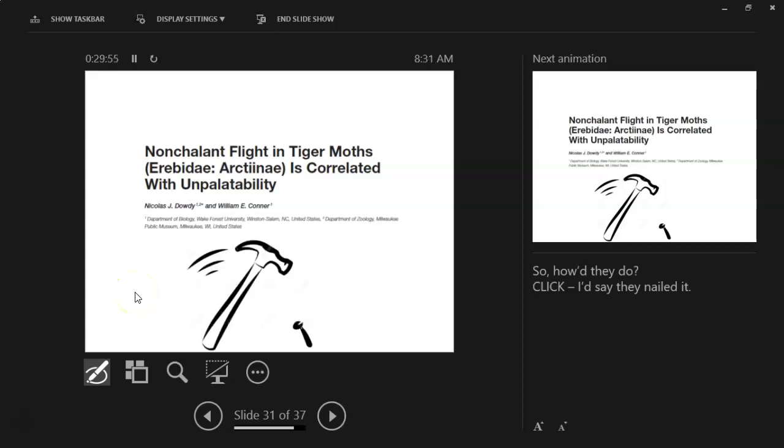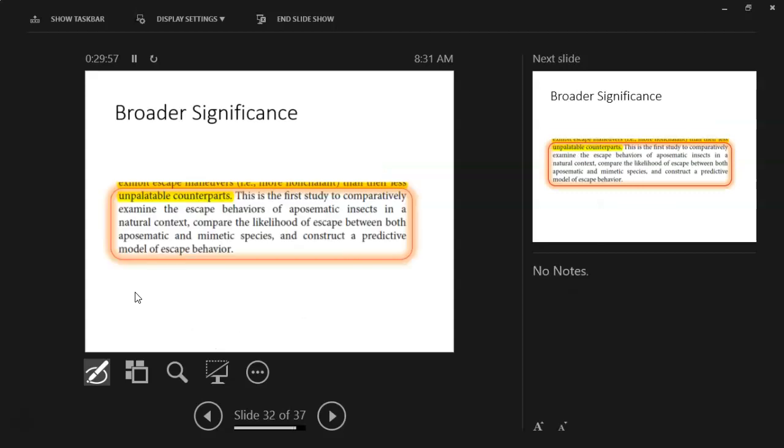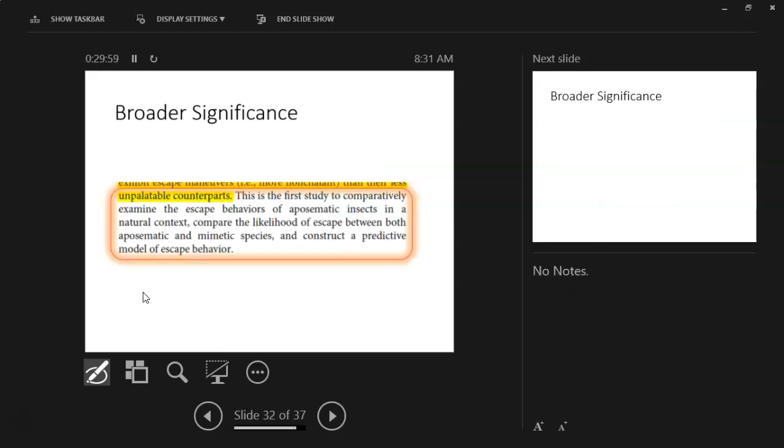All right, now let's turn to the broader significance of the study. And already we've talked about this when we were covering the introduction and the background information to the study: this study is one of the first, or they claim it is the first, to comparatively examine escape behaviors of aposematic insects in a natural context.